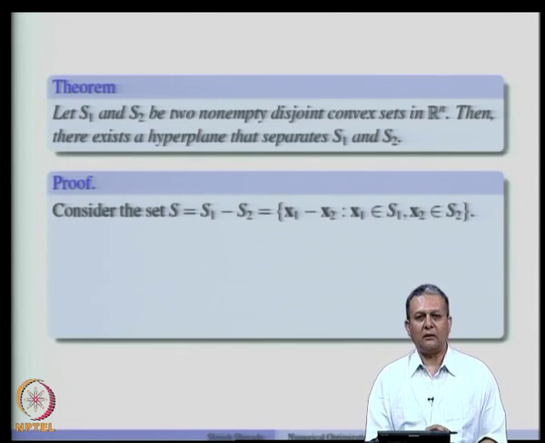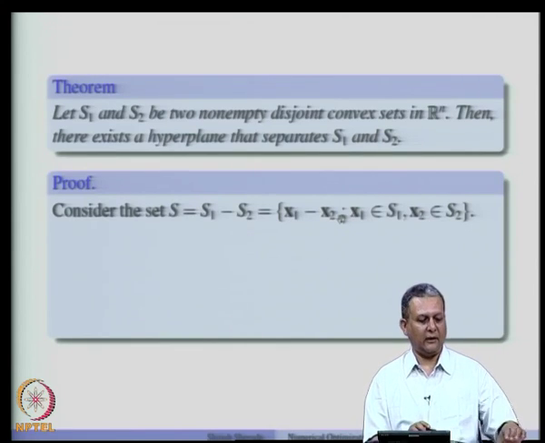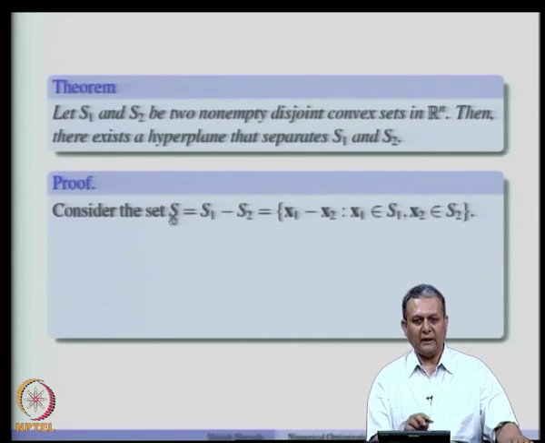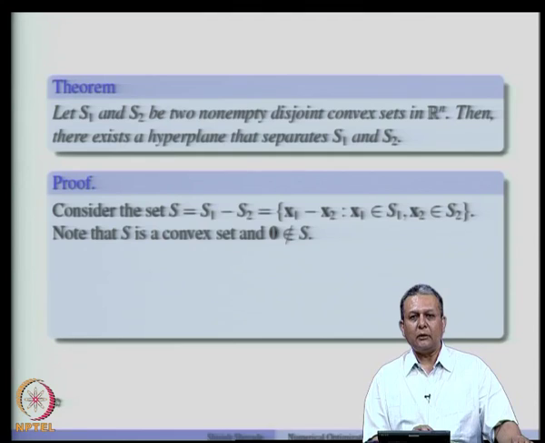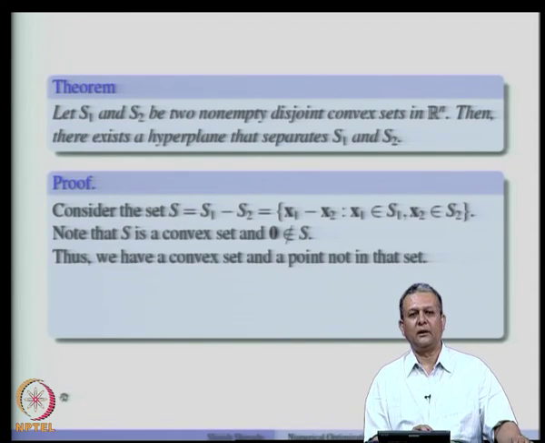One can easily prove that. Now, further the origin does not belong to the set, because we have disjoint convex sets, so they do not have any intersection. The origin does not belong to the set S. So, now we have a convex set S and the point origin which is not in that convex set. So, by the earlier seen result, there exists a hyperplane that separates S and the origin.